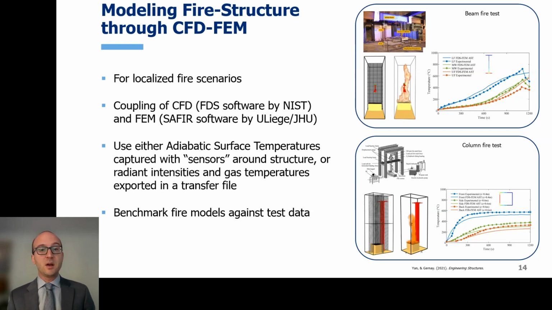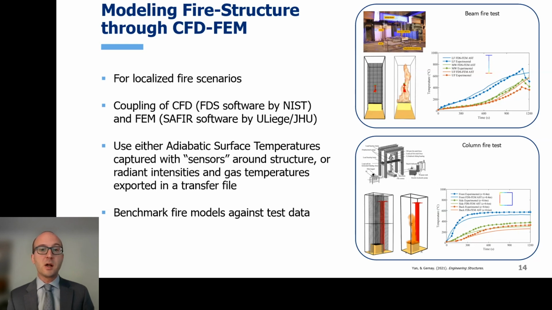And then we need a method to interface the computational fluid dynamics software with finite element softwares that are used for the thermal and structural analysis, the second and third step. In the research on this slide, we work to benchmark different methods to model the localized fires and to interface with finite element models against different experiments that we had.